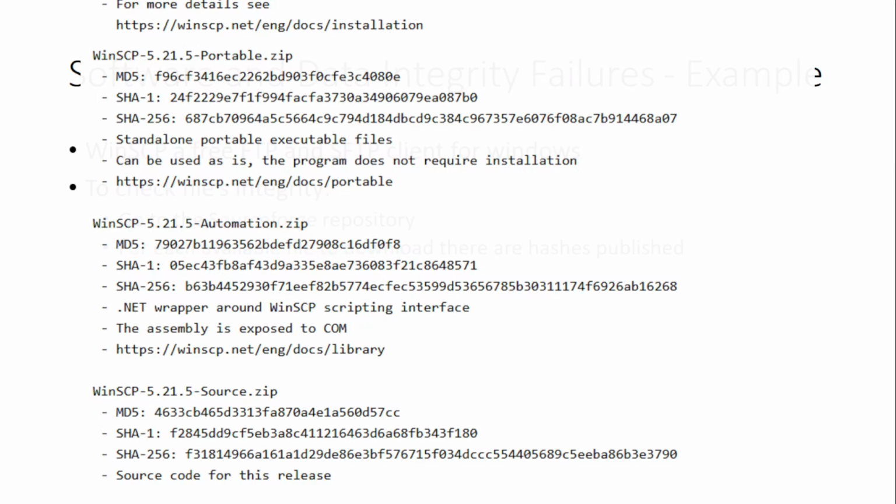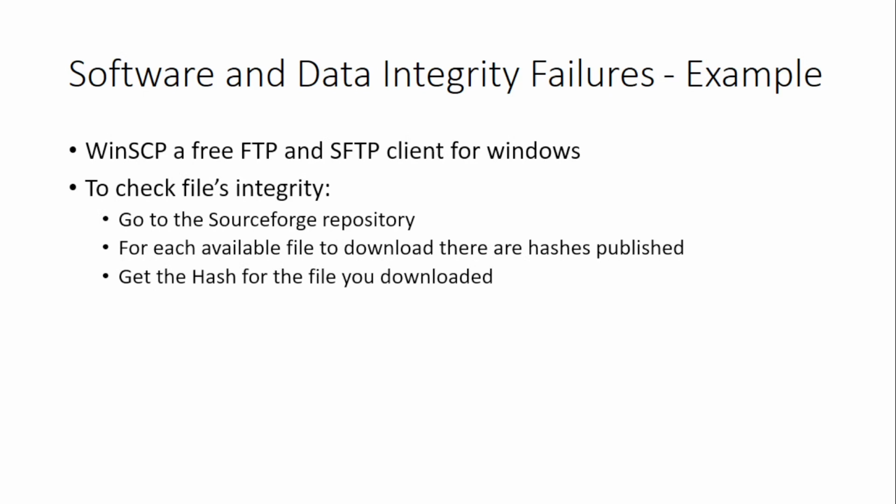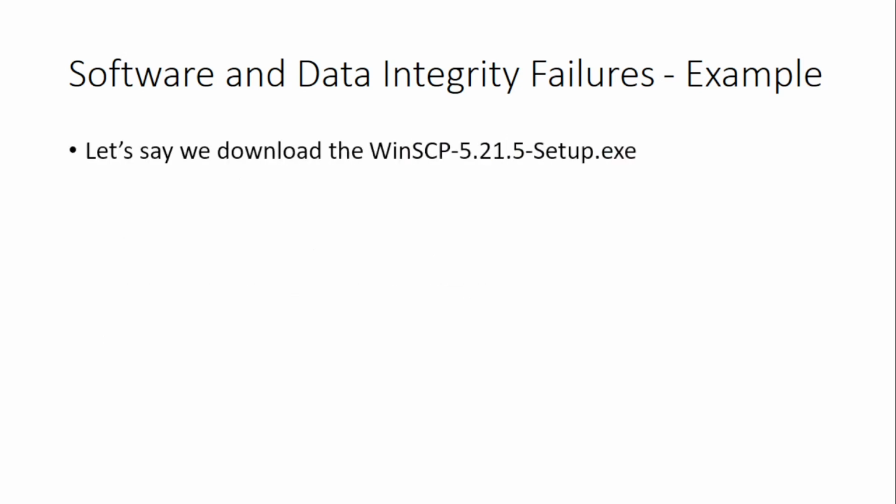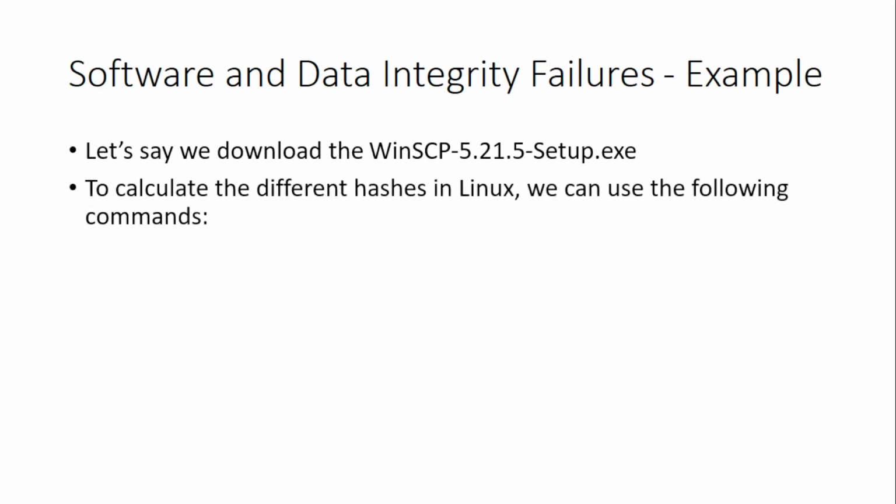So we would get the file we download, and then calculate the hash of the downloaded file and compare with the hash that was pre-calculated by the creators of WinSCP. So if I downloaded the WinSCP 5.21.5 setup.exe, we would calculate the hashes using Linux.